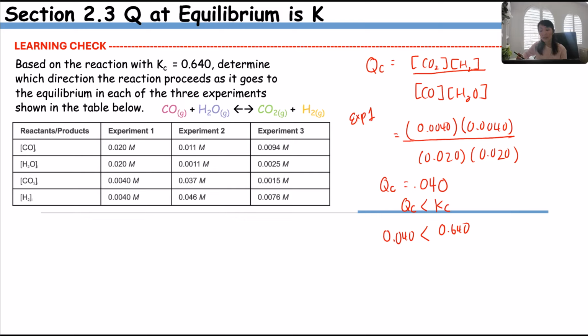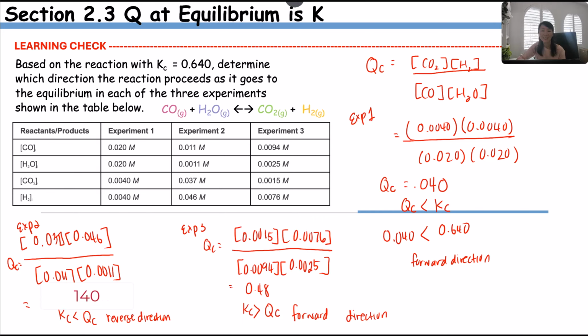Having the QC less than KC means that it's going in the forward direction. More product should be formed. So go ahead and try experiment 2, and then experiment 3 as well, and come back. So here is the key.